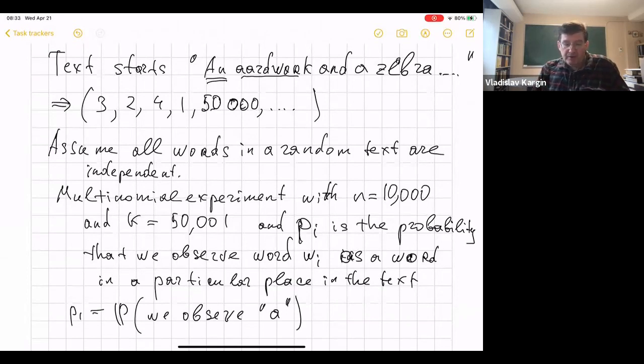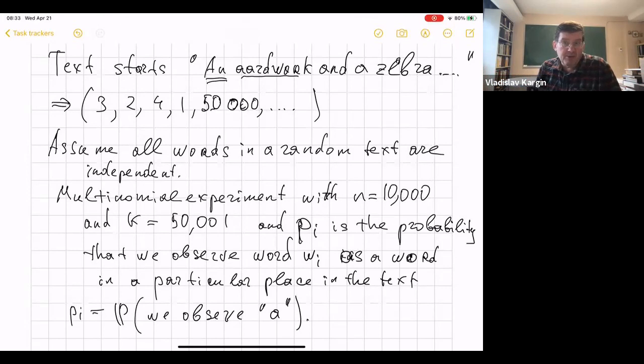How we can model it? It's usually difficult to do some theoretical estimation. Usually you can just look at a very large number of texts and estimate it empirically. What's the empirical frequency of this word A in a large number of texts?